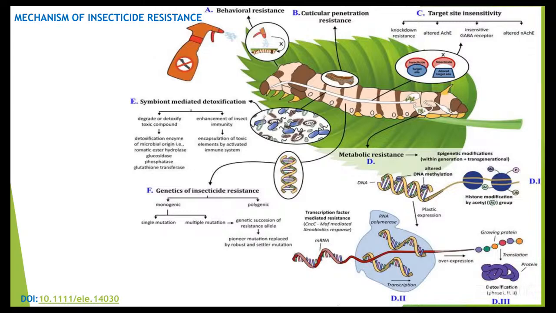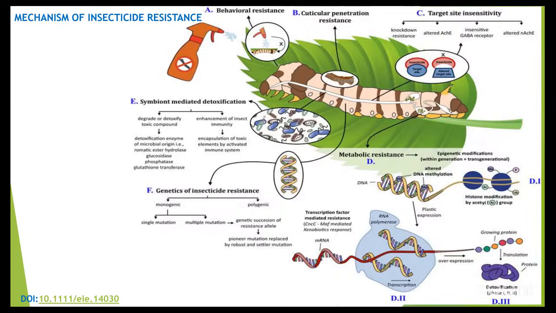So there are major mechanisms of resistance, like behavioral resistance, penetration resistance through the cuticle, knockdown resistance, metabolic resistance, altered site of action resistance, or increased rate of excretion. So these all can lead to insecticide resistance.